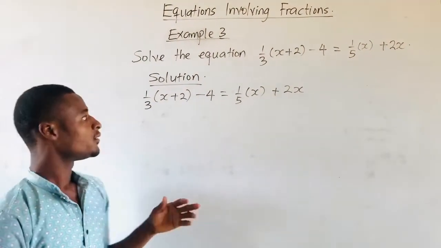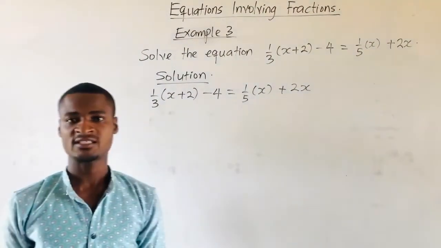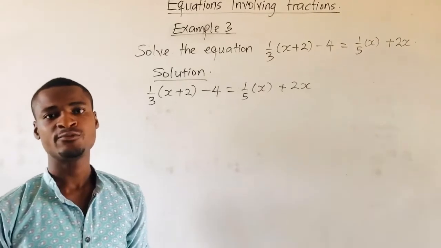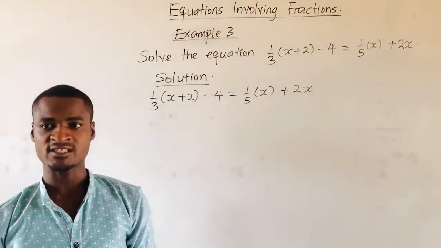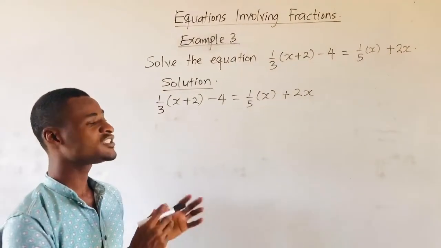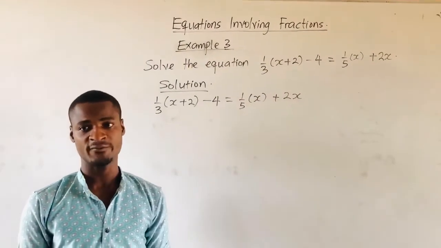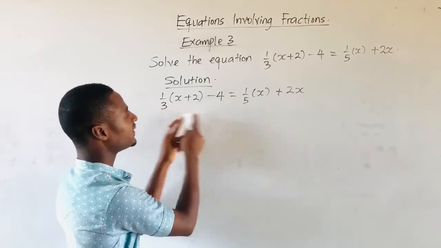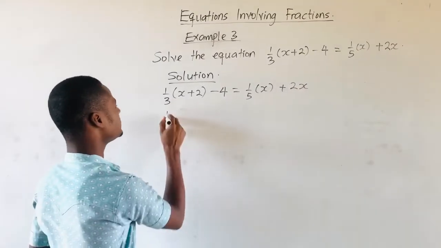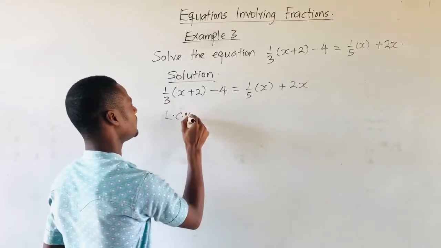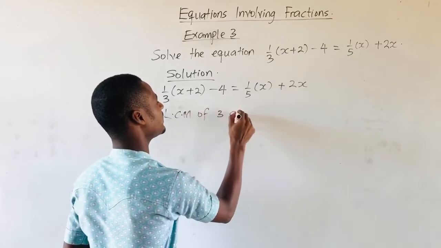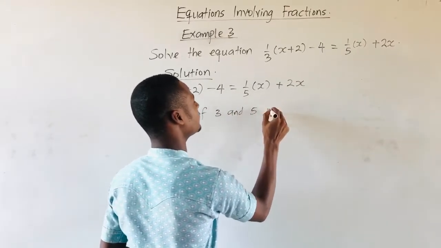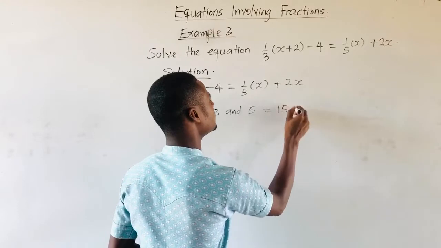Here, when we have bracket and fraction at the same time, the first thing we do is to remove the fractions by multiplying each term by the LCM of the fractions. Our denominators here are 3 and 5, and the LCM of 3 and 5 is 15.